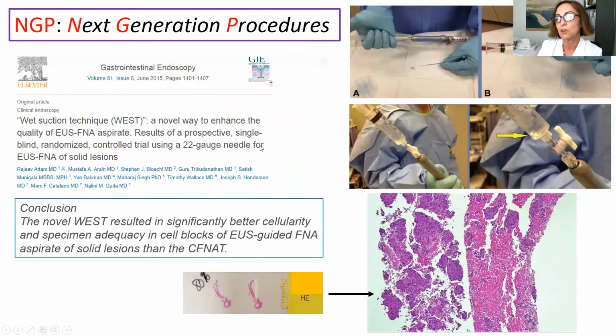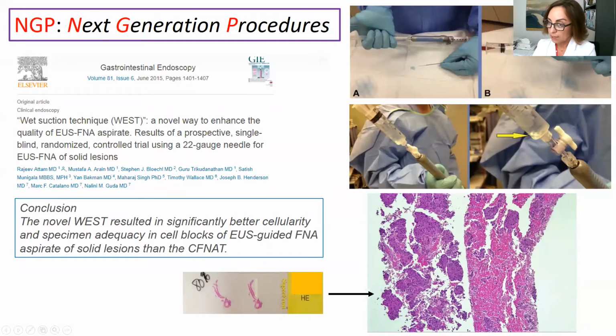It was designed for use in fine needle aspiration, but can be performed also doing EBUS. And the rationale with this technique is to fill the syringe with a small amount of physiologic solution, so we increase the aspiration pressure, and we obtain this.